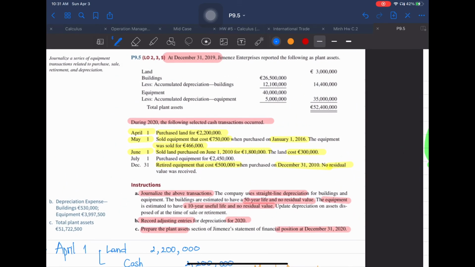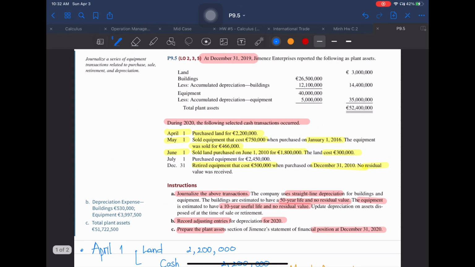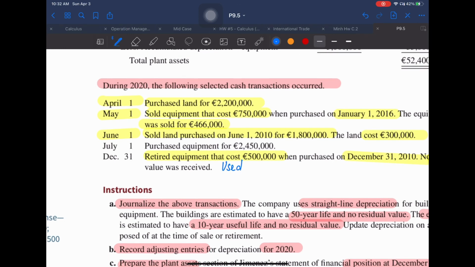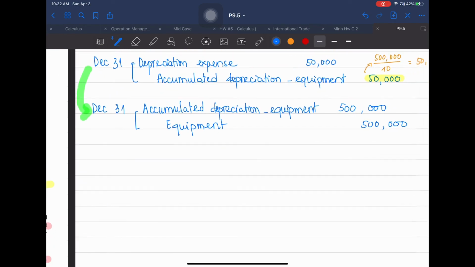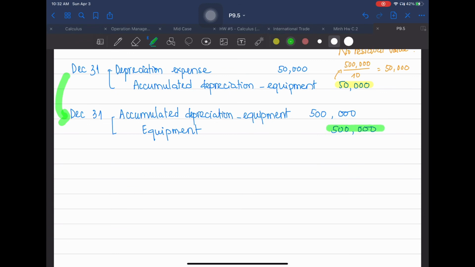That's it. So please just take a look at the highlighted part, and then we're going to see how to calculate those numbers. In here, I also made a note because it's using from 23rd of December 2010 until 21st December of 2019. That's how we got divided by 10.